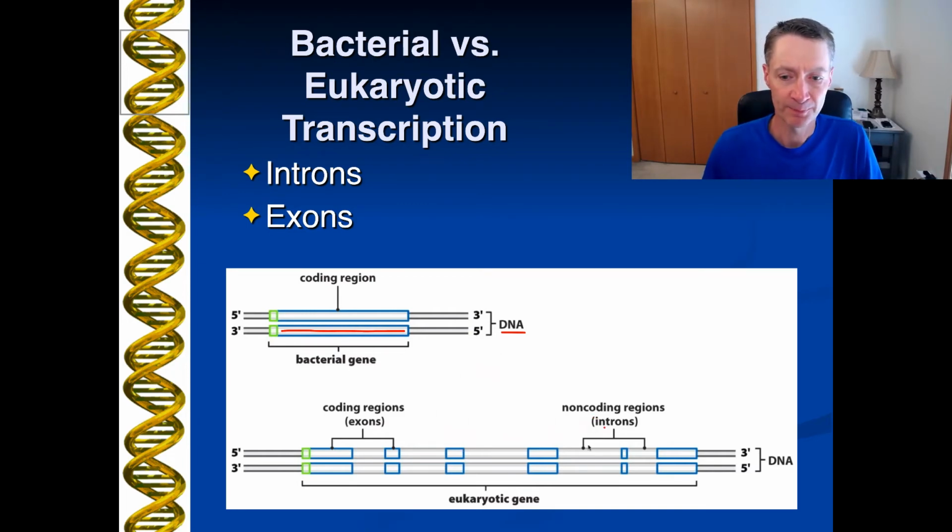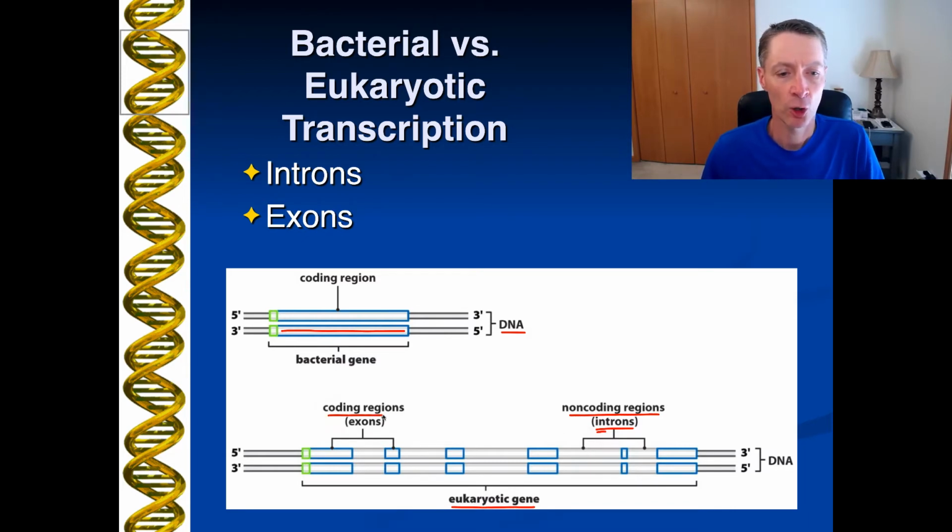Down here at the bottom, we have what we would expect with a eukaryotic gene. Again, we see the same basic setup with 5' and 3' ends, but we have these non-coding regions, and they call them introns. Think of them as junk that's in the way, not coding for a darn thing. They're not going to ultimately result in an amino acid at all, because these are non-coding.